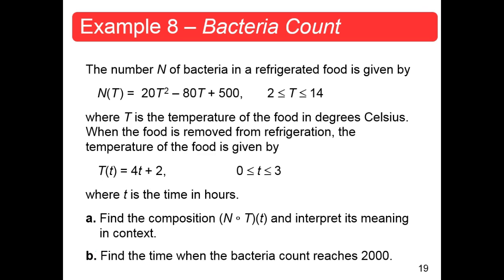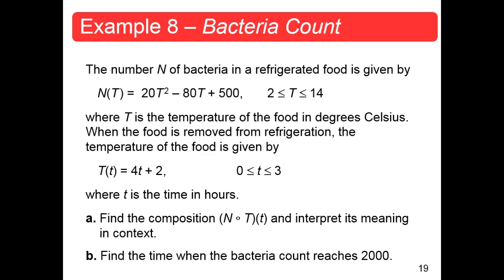The temperature is a function of time. Capital T of little t is 4t plus 2. So if you pull it out at time t equals 0, what is your temperature? 2, okay? Well, that's what it was coming out. And then the longer it's out, the warmer it gets, and the warmer it gets, the more bacteria grow, right?